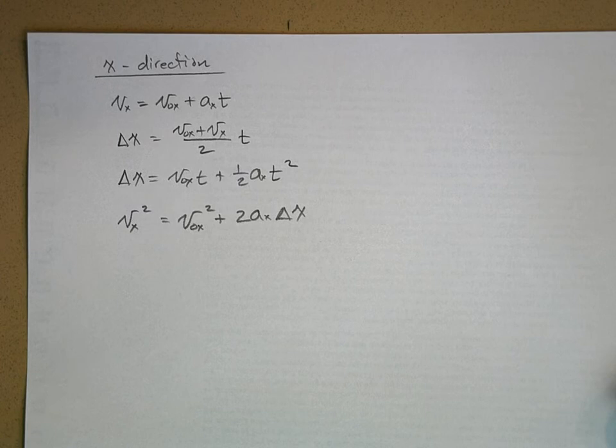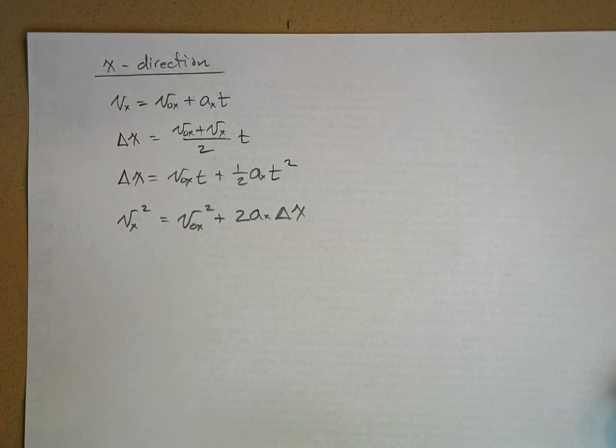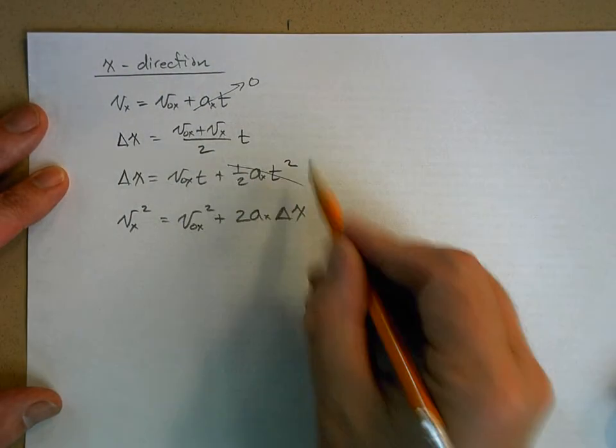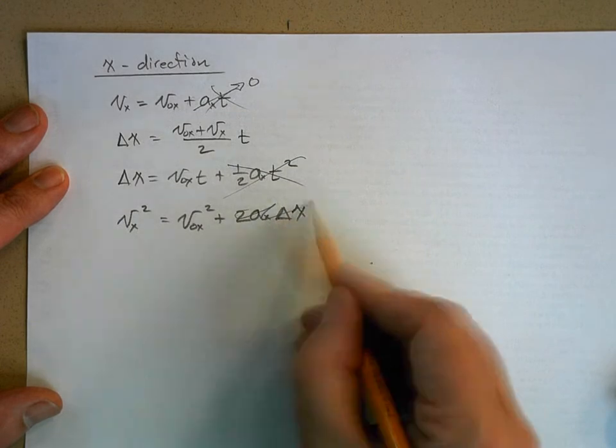But what did we say is true about the acceleration in the x direction? It is 0. So let's take all of these and make the acceleration 0. That's 0. This goes away, and this goes away.